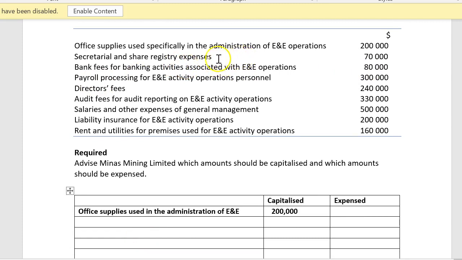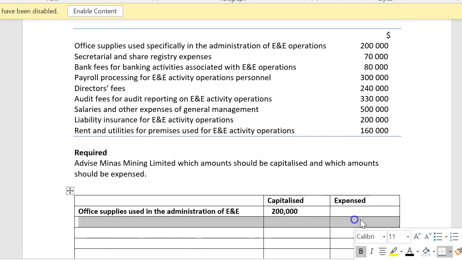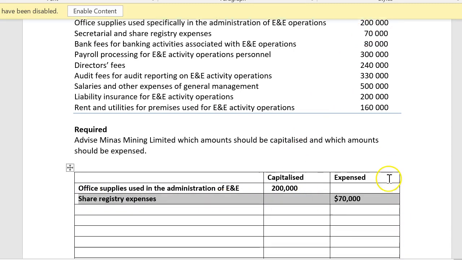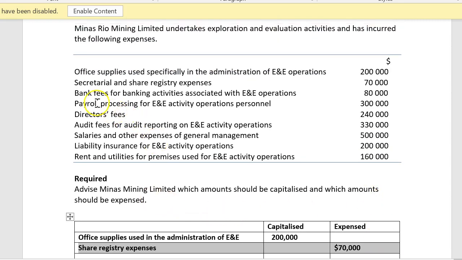Secretarial and share registry expenses. Since these are not part of E&E, you must expense. Bank fees and banking activities associated with E&E must be capitalized.